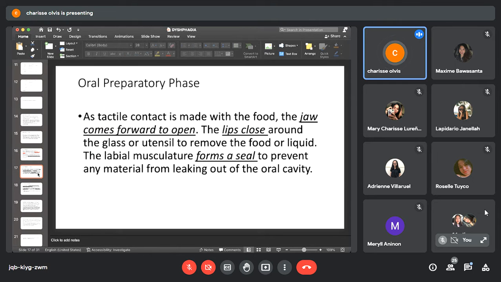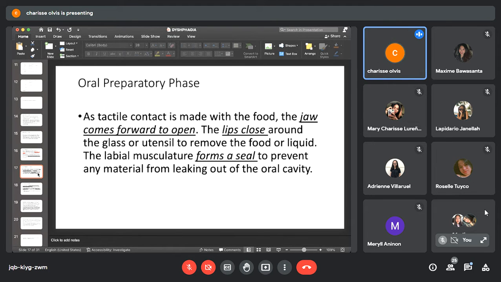Okay. In your oral preparatory phase, it begins as the tactile contact is made with the food. So right after the feeding, the oral preparatory phase happens. Food touches the lips.